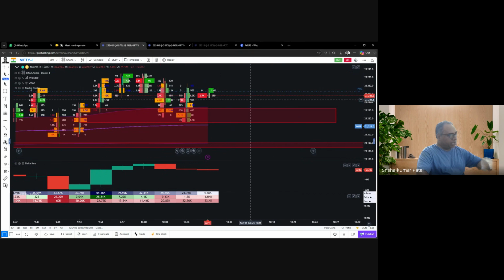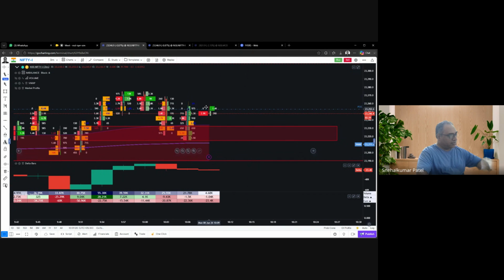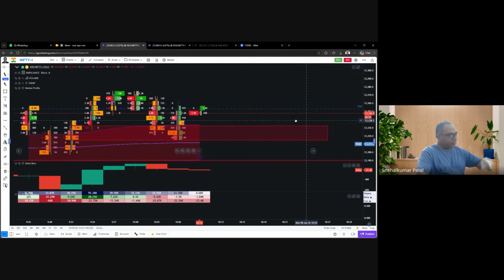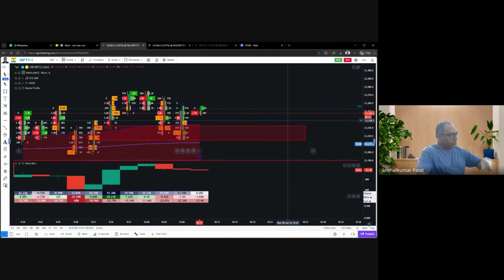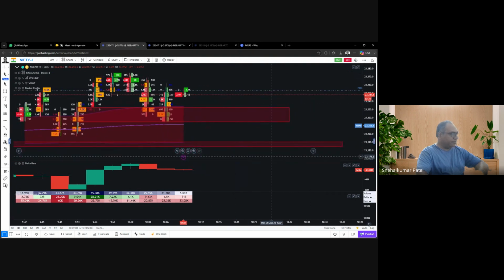Price is again moving above the key level. Not sure whether we will get a proper trade today or not, but let's see who overpowers, and then we can think. This is a kind of sideways market.